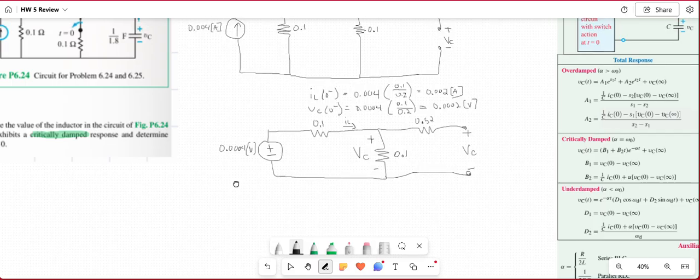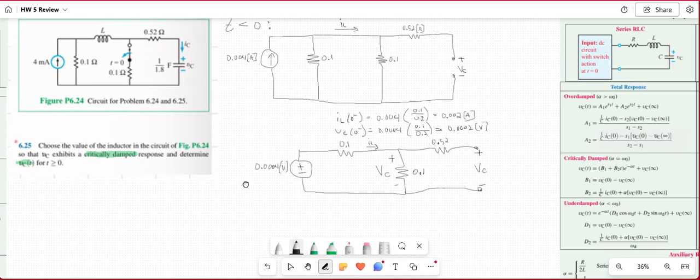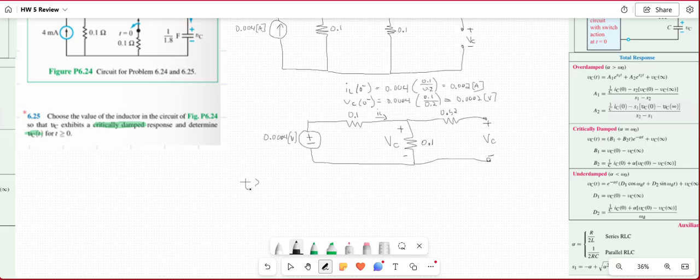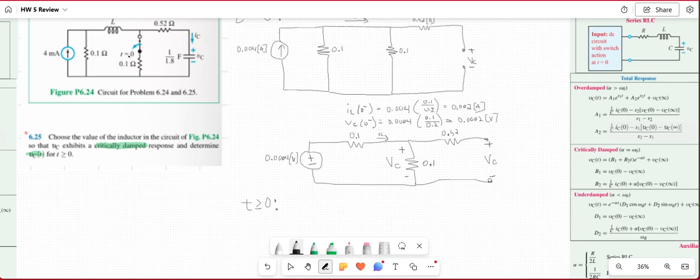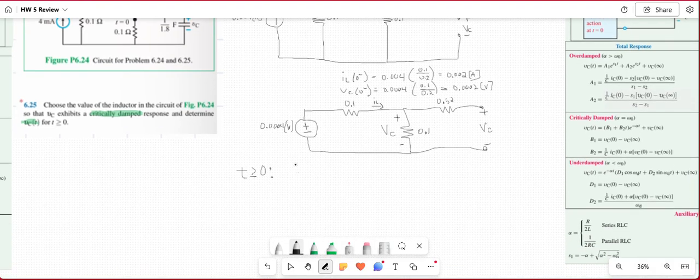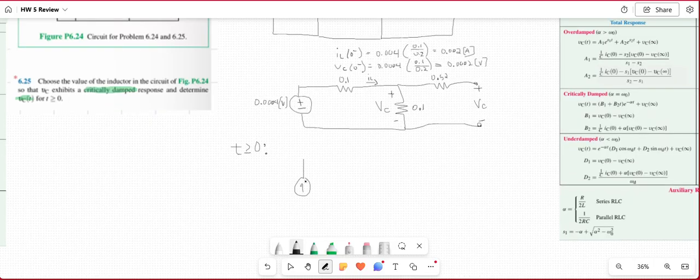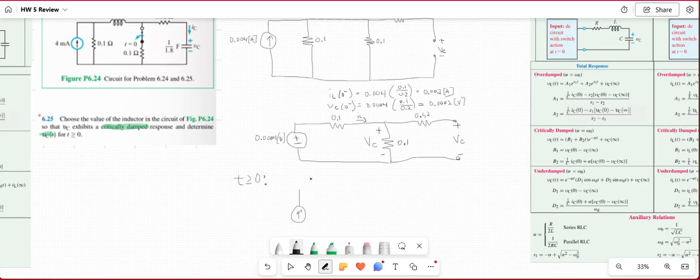And now we need to do our steady state, t greater than or equal to 0. So that's when the switch flips open, right? So this 1 ohm resistor will be open circuited, so we don't have to worry about that anymore. Okay. So we're gonna have that, we're gonna have an inductor, and then a resistor, and then a capacitor.